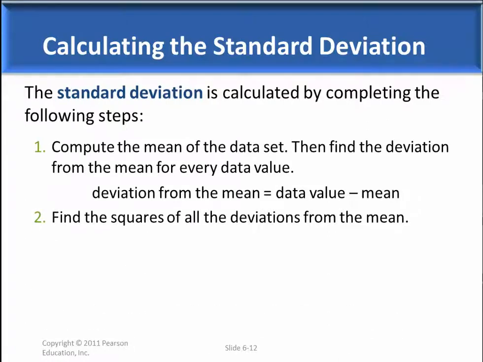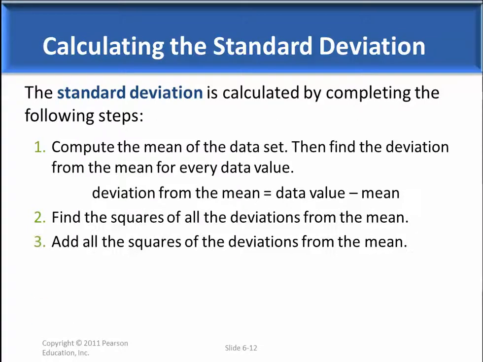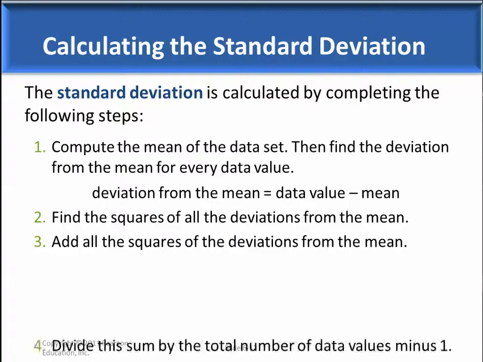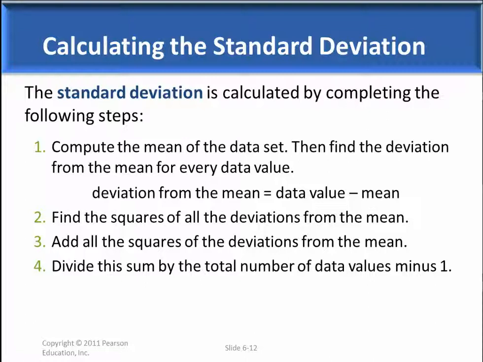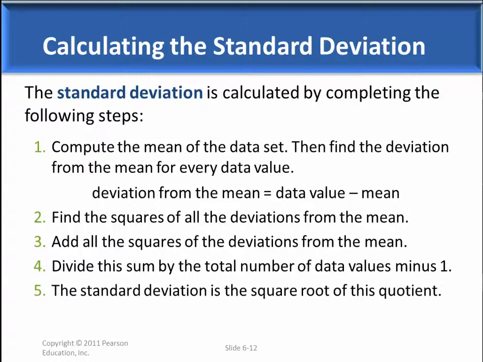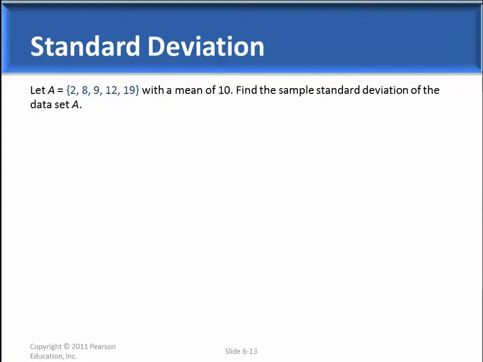Then we're going to take each one of those numbers and square them individually. Once we've squared them, we're going to add them all together. And then we're going to divide that sum by the total number of data values minus 1. So if we had 10 data values, we'll divide by 9. And then we're going to take the square root of that, again, to kind of counteract that squaring.